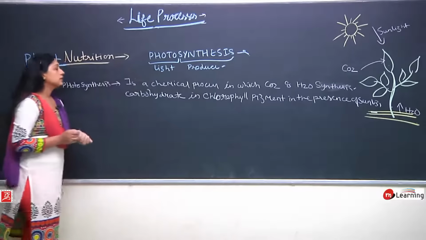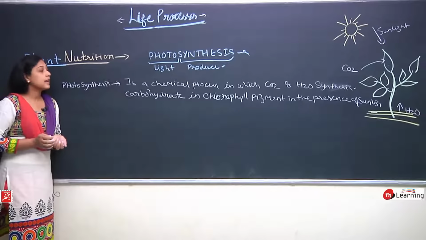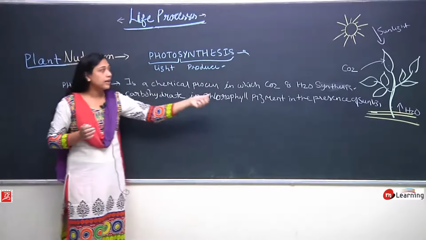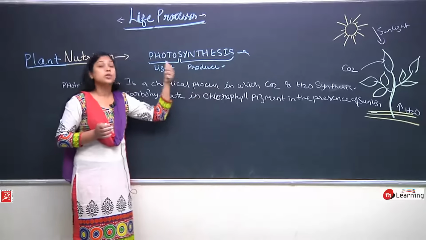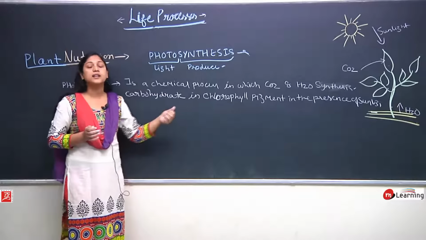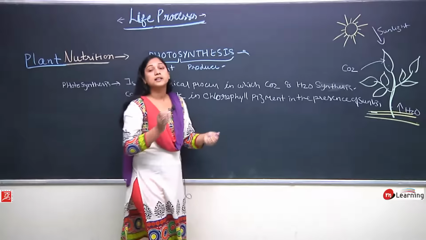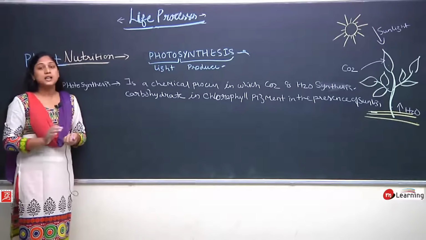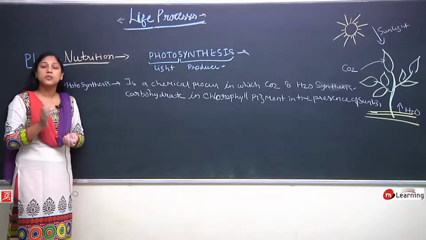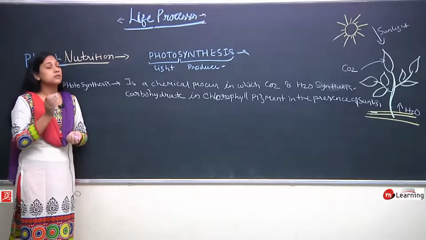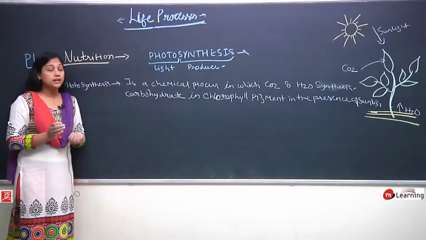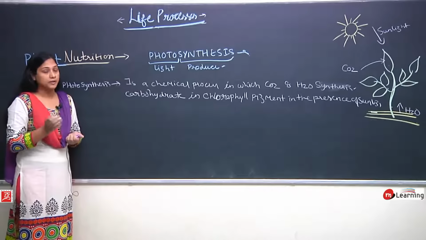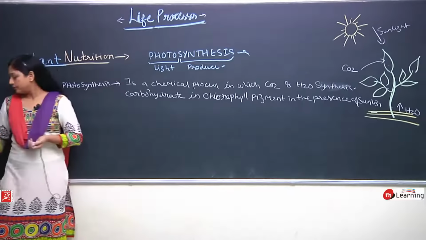It is a chemical process in which a plant utilizes carbon dioxide and H2O to synthesize carbohydrate in chlorophyll pigment and in the presence of sunlight. So this is the photosynthesis through which autotrophs, that is plants, produce their own food, their own carbohydrate food.